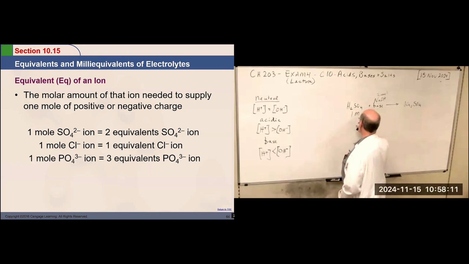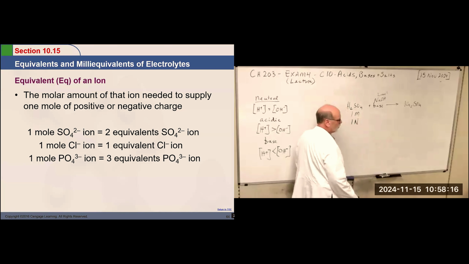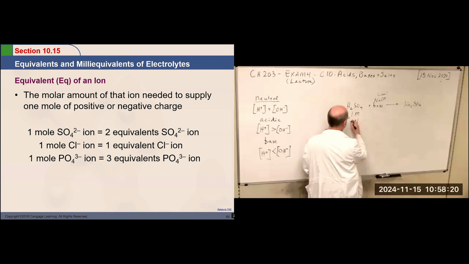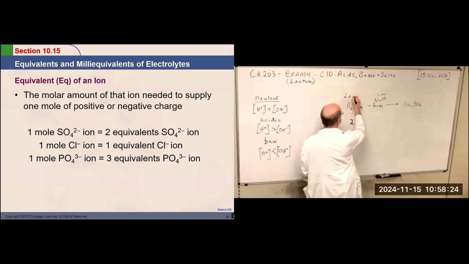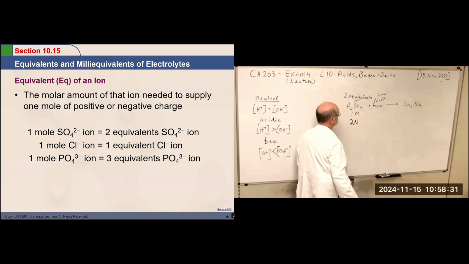This 1 molar sulfuric acid is the same as 2 normal. It produces 2 equivalents of hydrogen ions.